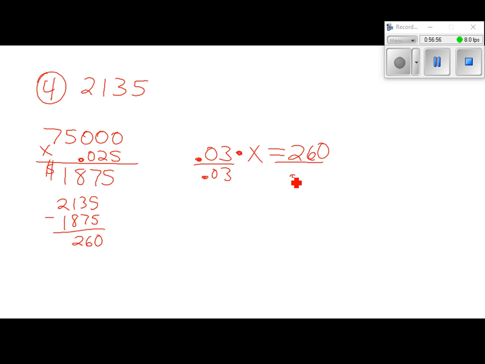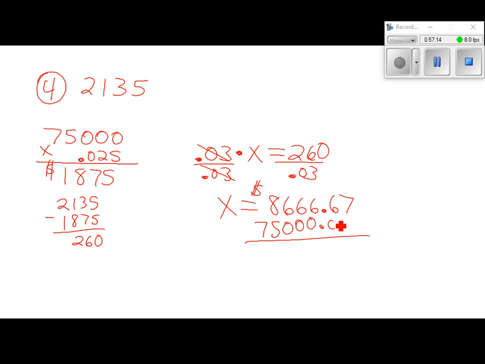What's that going to give us? 8,666.6 repeating. So we'll say that. Is that our answer? No. We add that to what? 75,000. Add those two. That's going to be your answer.